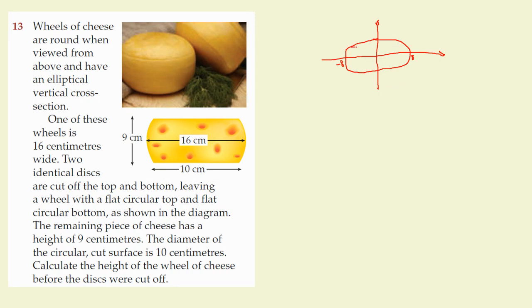Because I've chopped these bits off across the top and across the bottom around that symmetry. There is a point here on the ellipse that I know. What's the coordinates of that point? 5 and 4.5. Yeah. Does everyone see why it's 5 and 4.5?